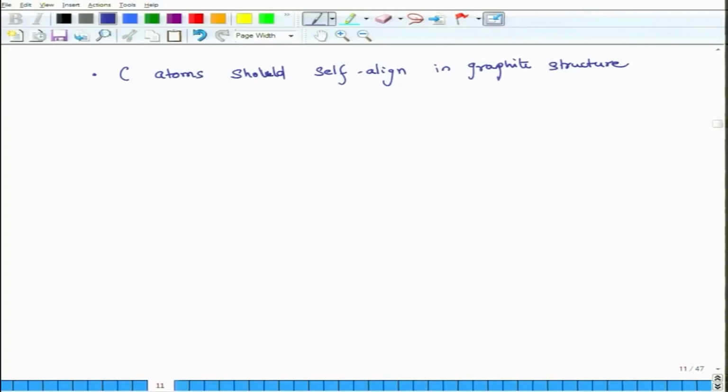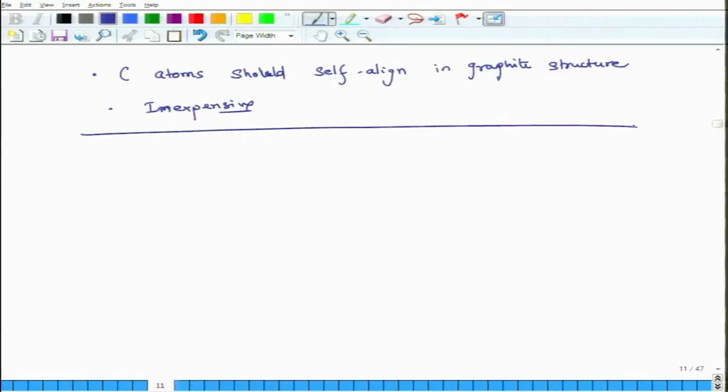And once they self-align, this enhances the mechanical properties, and of course, it should be inexpensive. Okay. So, these are some of the important properties which a good precursor material should have.